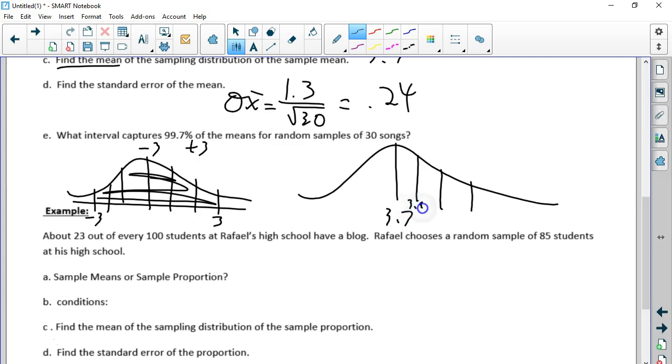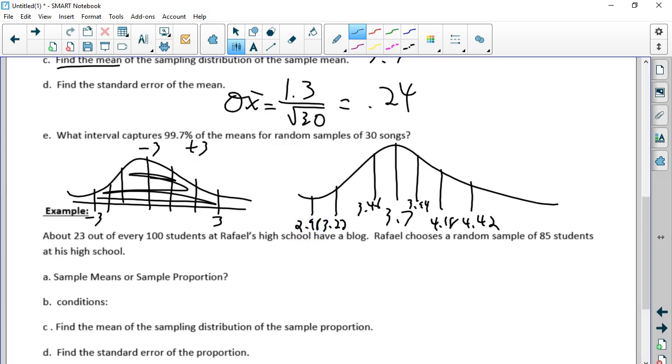So this is 3.94 and 4.18 and 4.42. And then minus 1 is going to be 3.46. Minus 2 is going to be 3.22. And minus 3 is going to be 2.98.